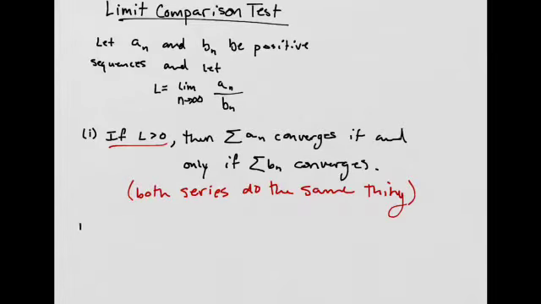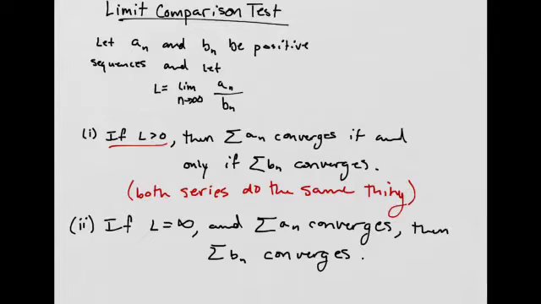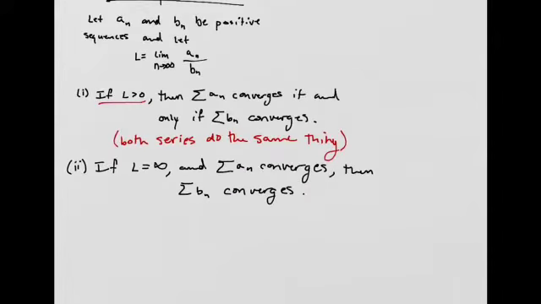And then for number 2, we have if L is equal to infinity, so if you take the limit and it's unbounded, and you know that a sub n converges, then b sub n converges as well. That one's like a less strong statement, but it still tells us stuff.